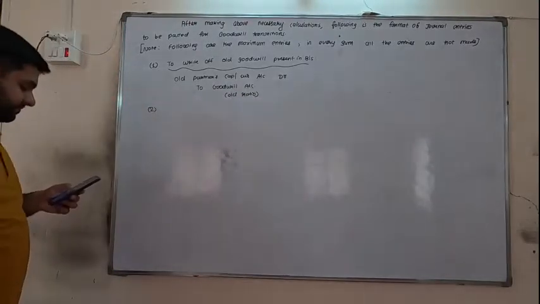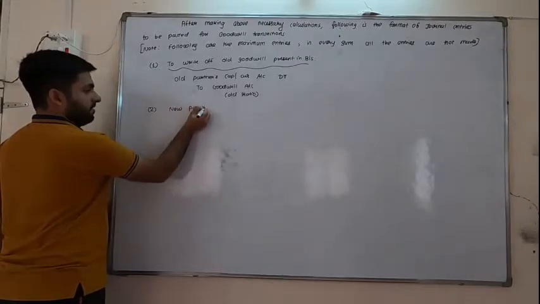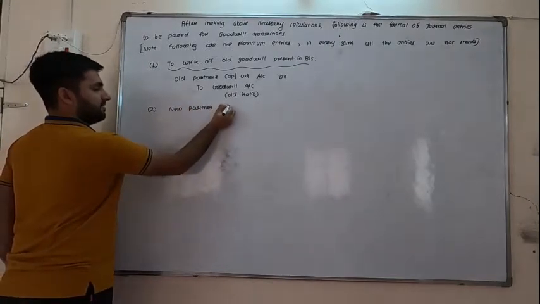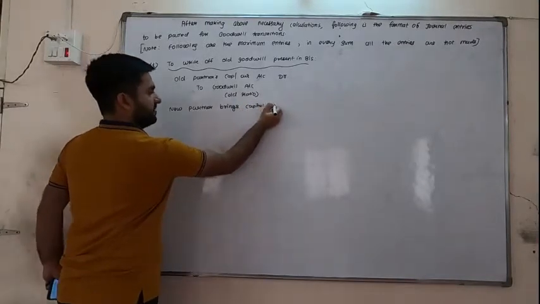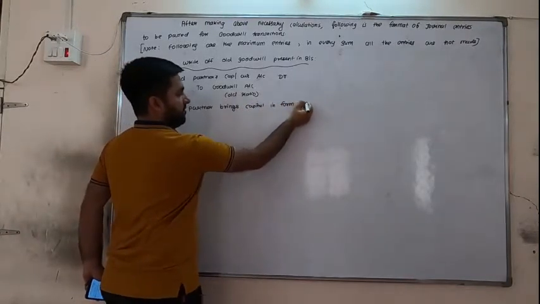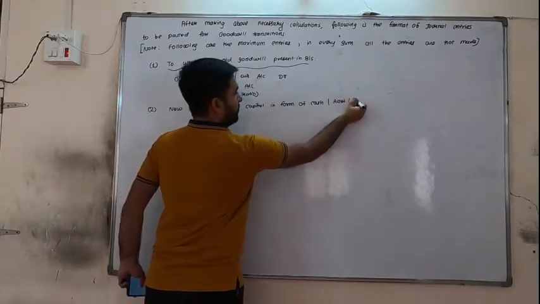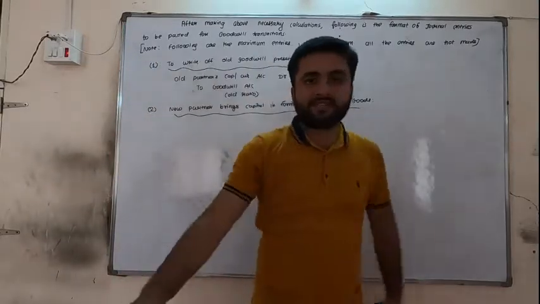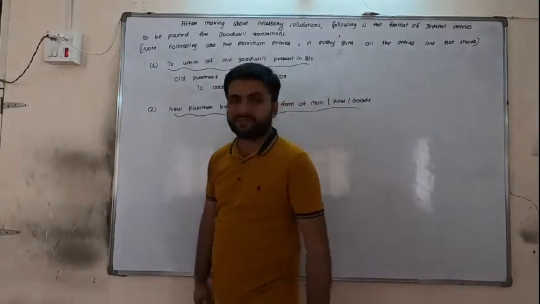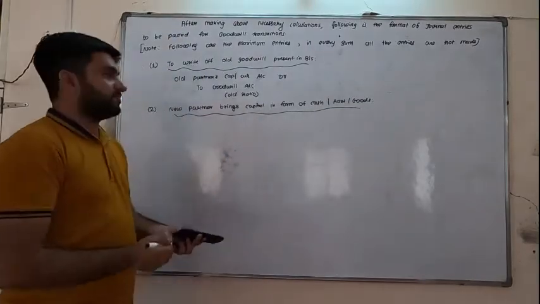Second, the new partner brings capital in the form of cash or asset or goods. When a new partner is bringing his capital in the form of an asset or goods or anything, what entry is to be made?